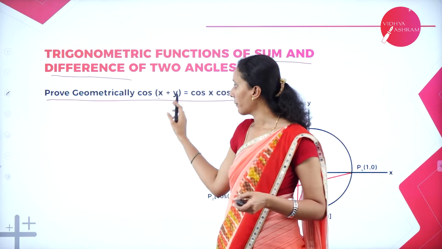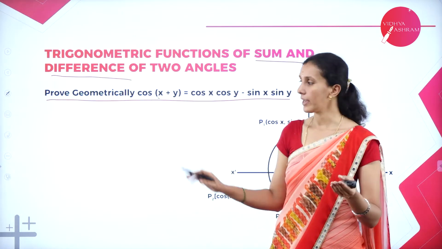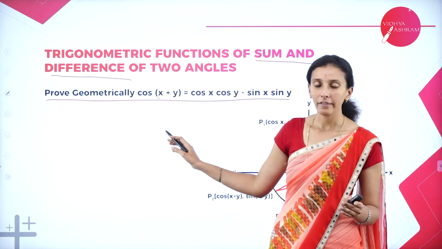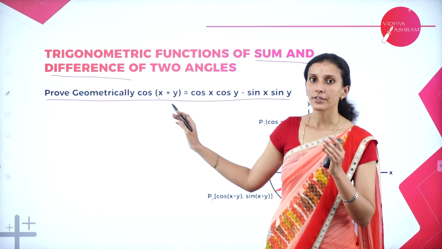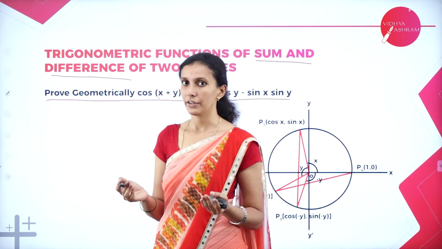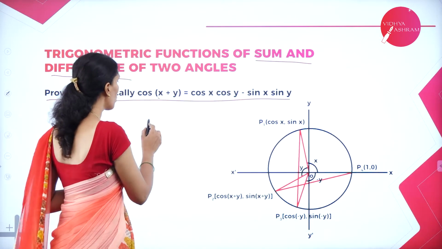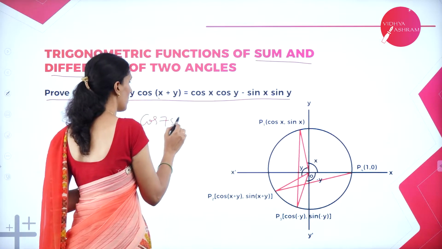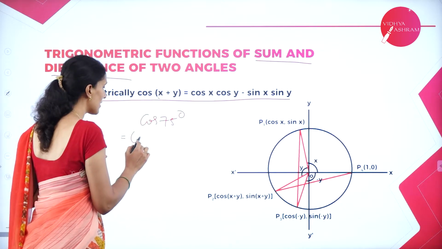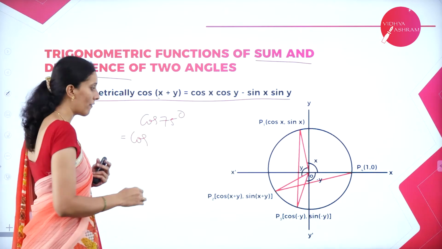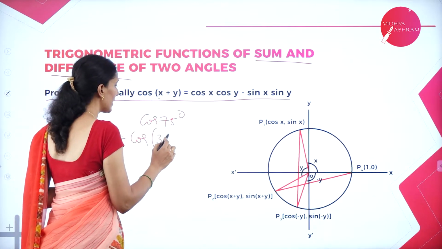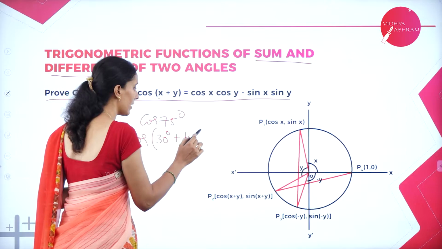So this is nothing but the sum or difference of any two angles. Here I am going to derive the sum formula for the cos function. For example, cos 75. We don't know the value of cos 75. But I can write cos 75 as a sum of two standard angles which you have learned, that is cos of 30 degrees plus 45 degrees.